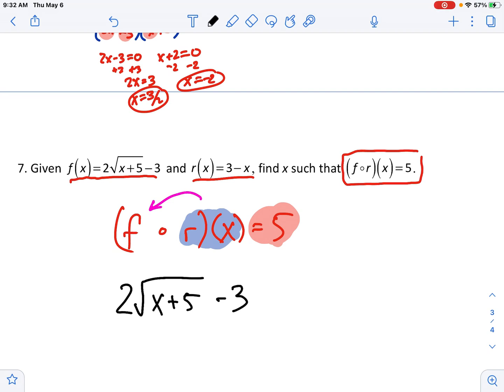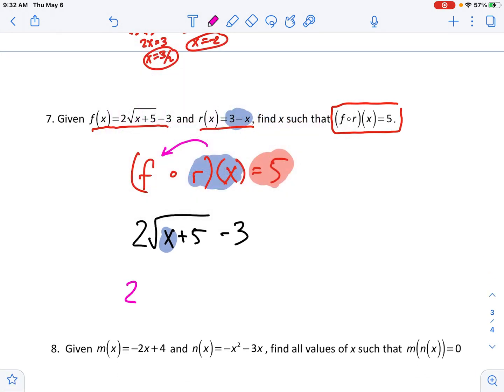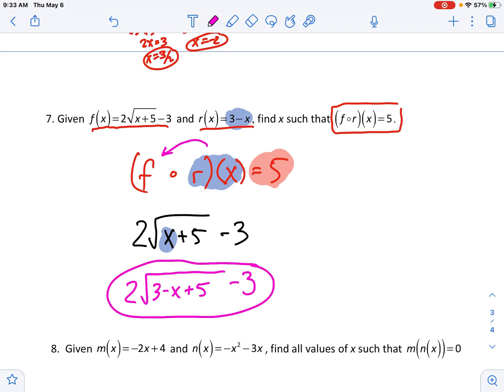But instead of the x in that function, I have to replace it with r of x. What's r of x? R of x is 3 minus x. So instead of that x, I got to plug in r of x, which is 3 minus x. Then you have plus 5 still. You still have minus 3. This thing right now, I'm not going to simplify it yet.